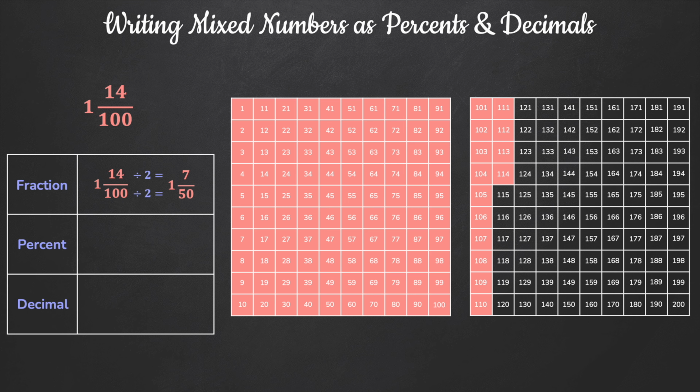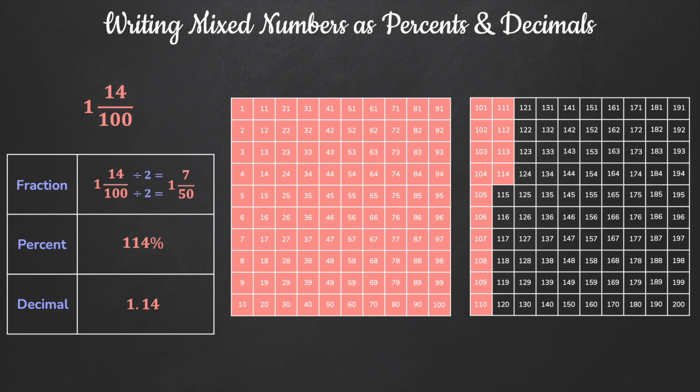As a percent, we're going to look at our fraction that has 100 as the denominator because percents are out of 100. And in this case, we have one entire grid filled out, so that's 100%. And then we have 14 of our additional grid filled out, so that is going to be 114%. As a decimal, that would be 1 and 14 hundredths because we have one entire grid filled out, so that's where we get one whole.